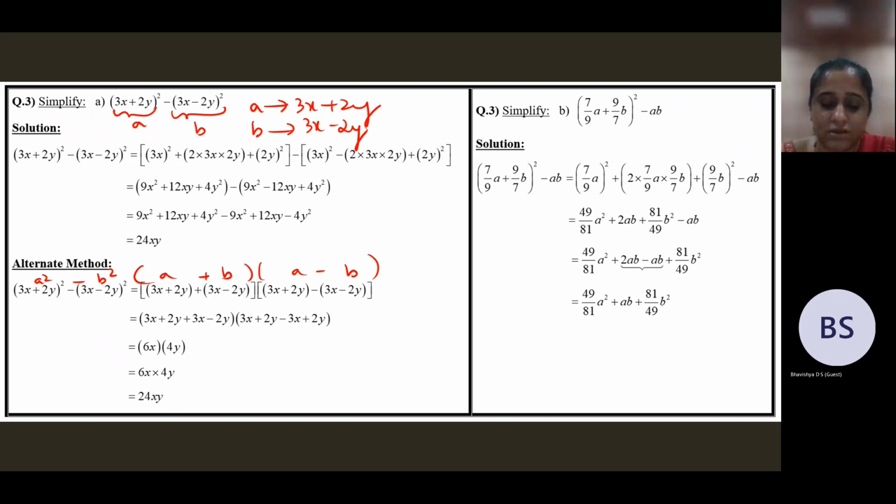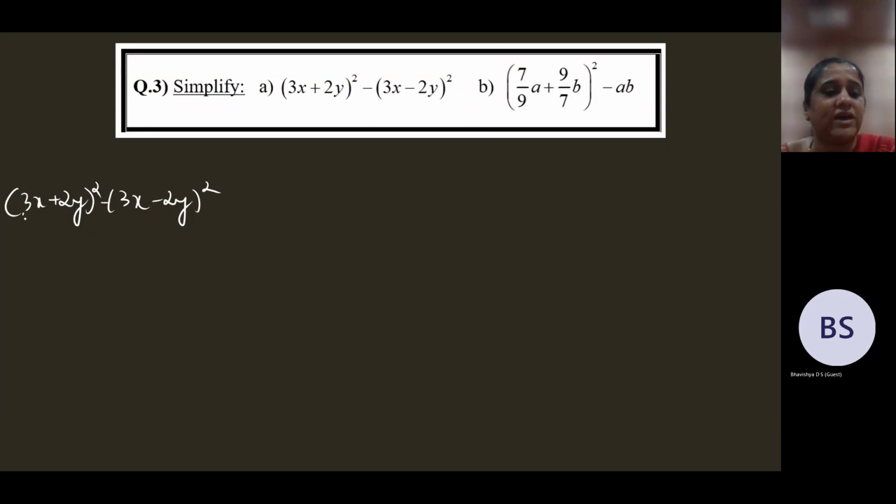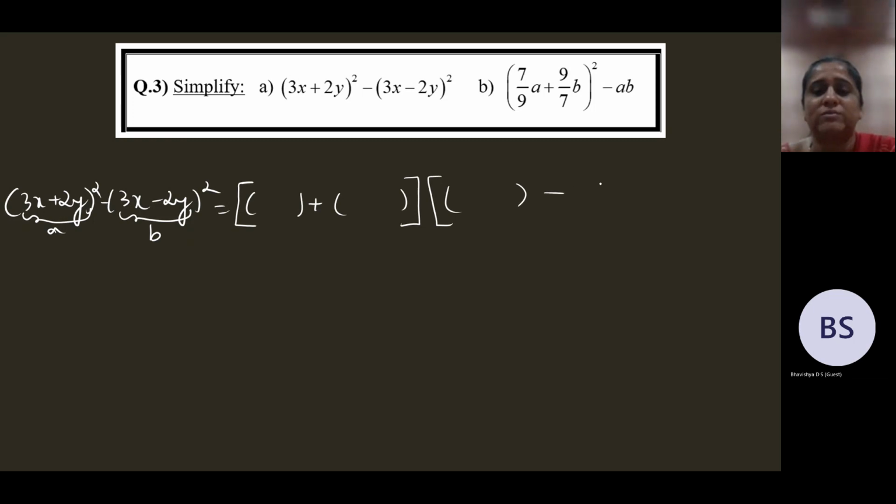This is a square minus b square, which is equal to, see here, you put the empty brackets: open a square bracket, this is a, a plus b into a minus b. Put these empty brackets first. This is a plus b into a minus b.